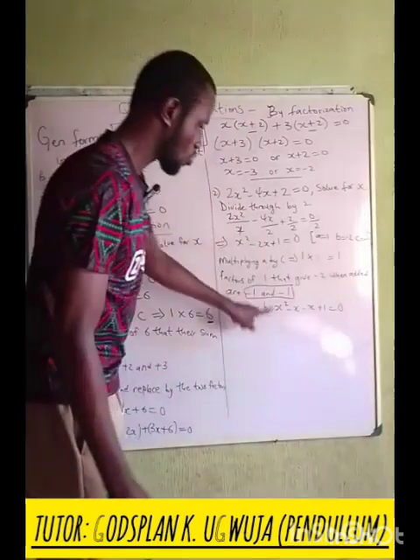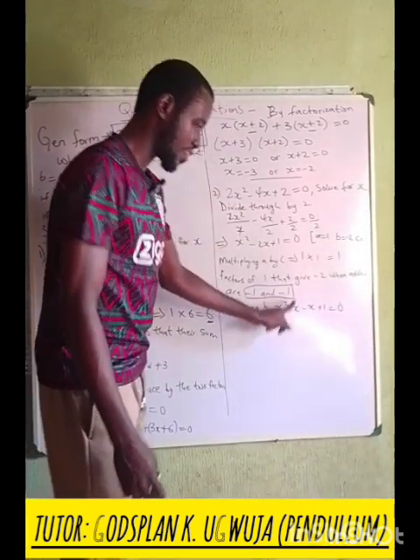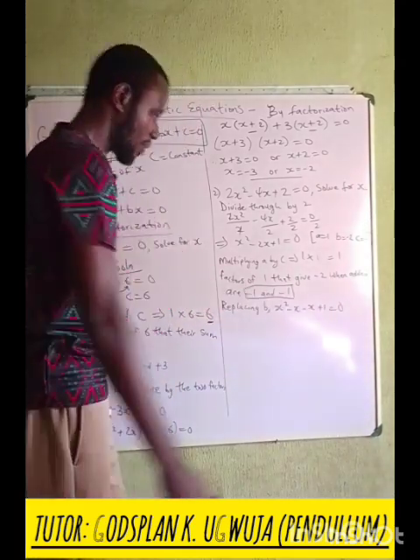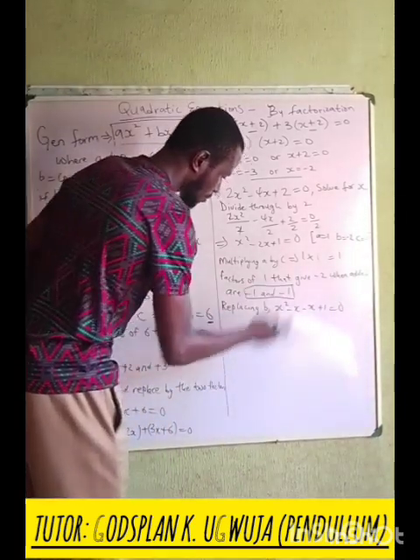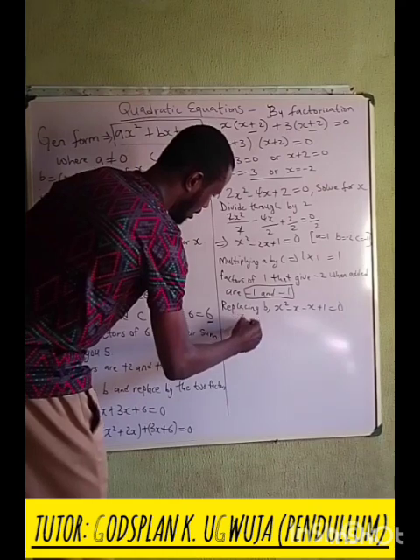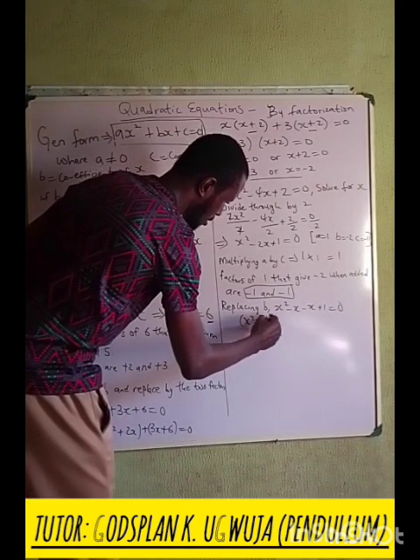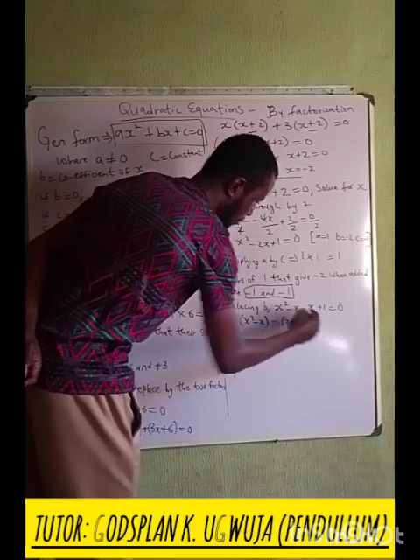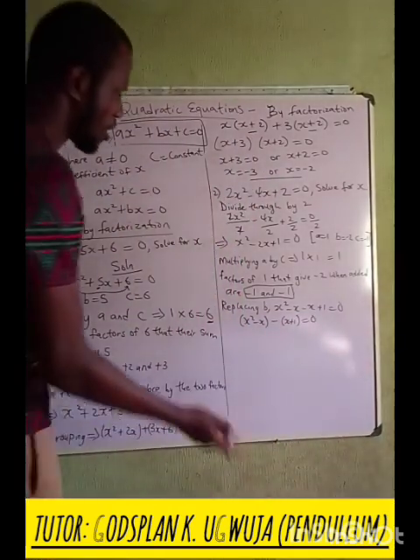Now we have replaced this -2 with minus x, that's -1x minus 1x. Okay, then like I said, let's group it. You can group them to make it easier for you.